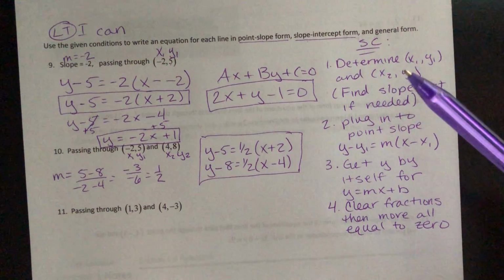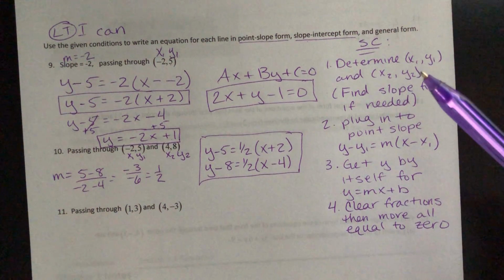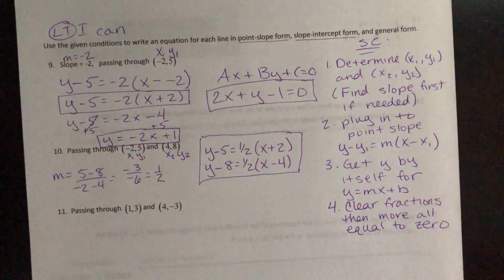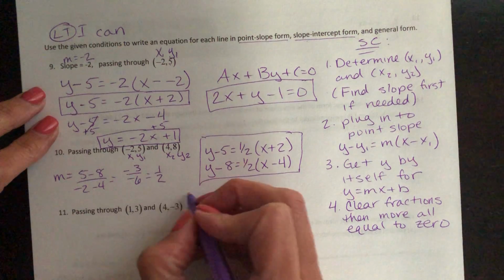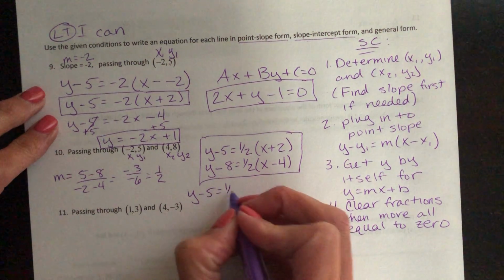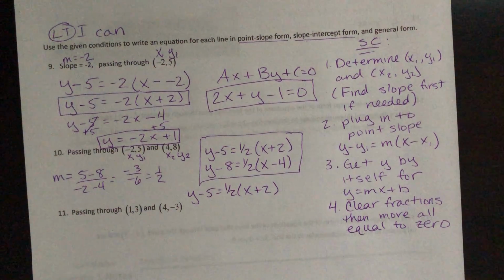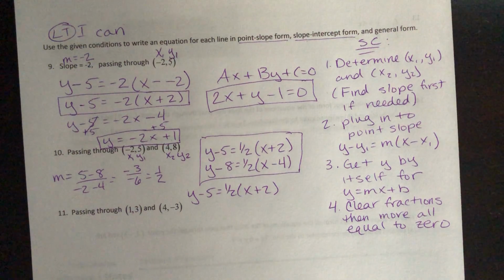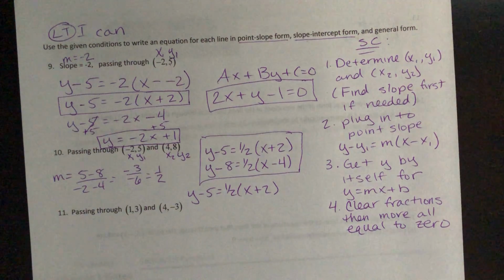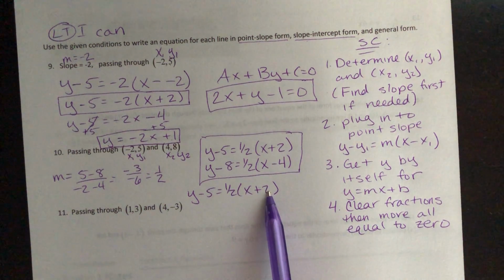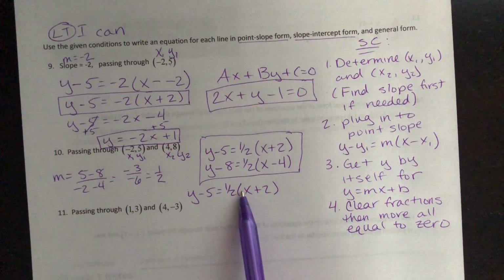So I'm going to go ahead and just use this top one here. Okay, so running out of room here. So I'm going to use the top one, and then I'm just getting y by itself. Okay, now to get y by itself, you could distribute that fraction, and then you end up with a fraction here.